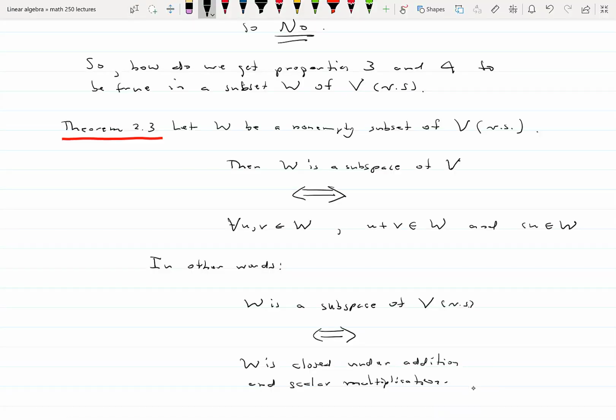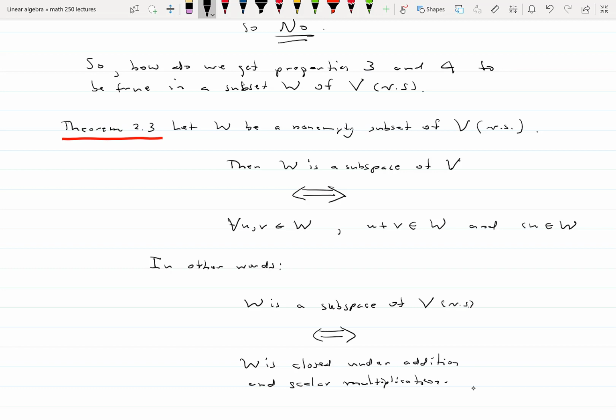Okay, so this big result is in the form of Theorem 2.3 in your textbook. Let W be a non-empty subset of a vector space V. Then, W is a subspace of V if and only if, for every two elements U and V in W, U plus V is in W and C times U is in W. This is nothing more than saying, in other words, that W is a subspace of V if and only if W is closed under addition and scalar multiplication.